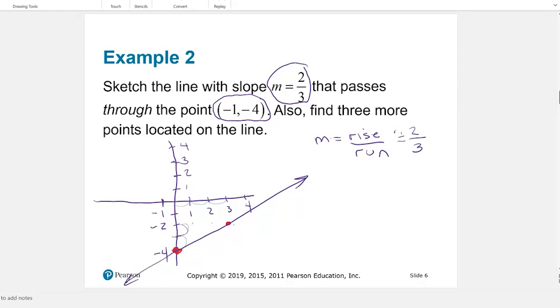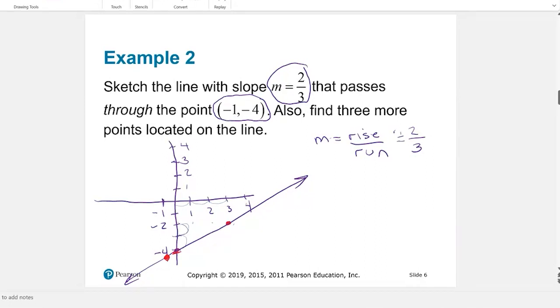And now I've sketched the line with the slope of 2/3 that passes through the point. I did the same exact thing again, but I think I can make this one work. Here's -1, -4. Sorry about that, but it doesn't matter. It's still the same. It's still -1, -4.